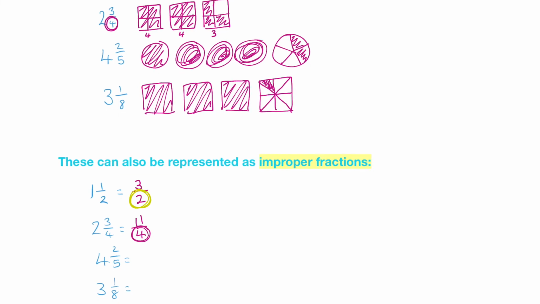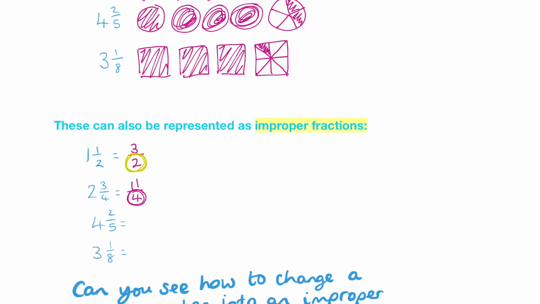The next one was 4 2/5. So if we split each of these circles, I'm actually going to do it in different colours so you can see it a bit easier. So if we split each of these into fifths, we can see that in each fully shaded circle, we've got 5/5. That makes sense, doesn't it? So we've got 5 there, 5 there, 5 there, 5 there, and 2 there.